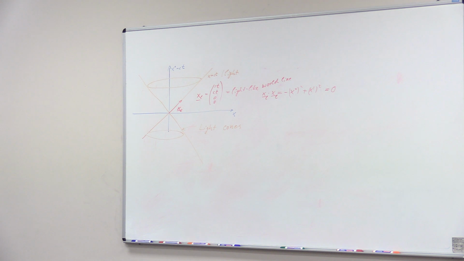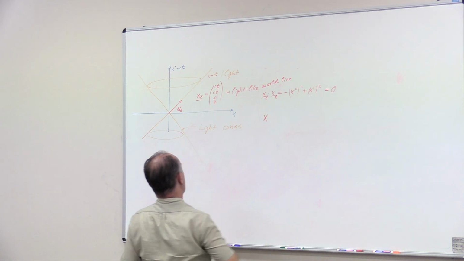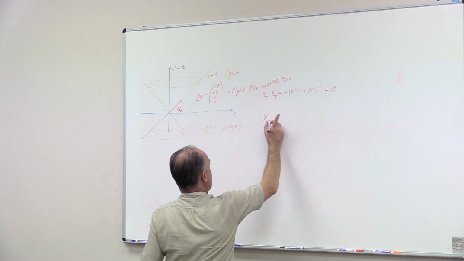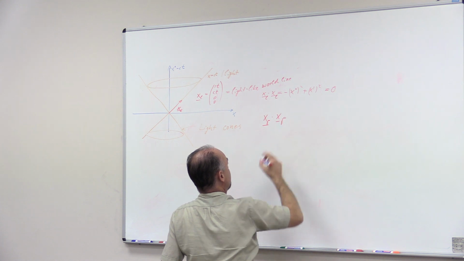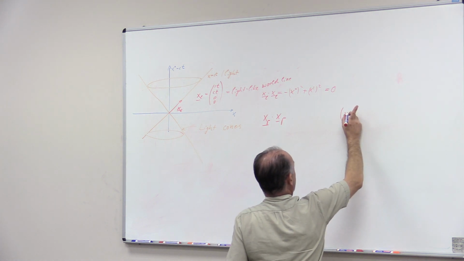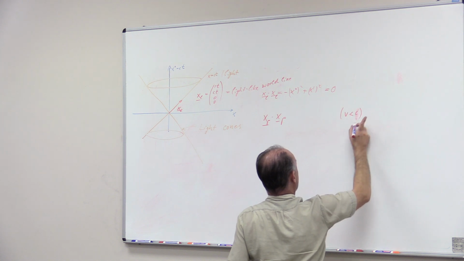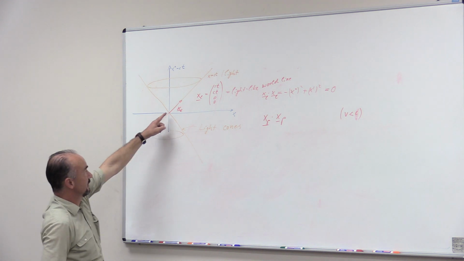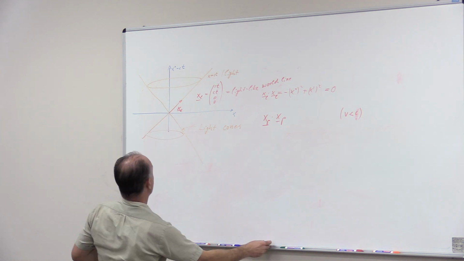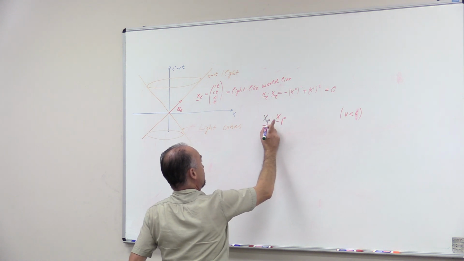So what about if you have something x, say some kind of particle that moves with less than the speed of light? Where would such a particle go in this diagram? Try to color here.